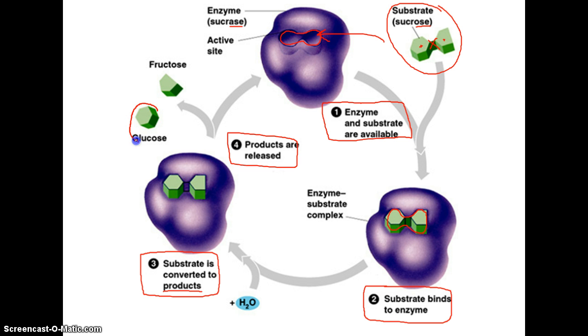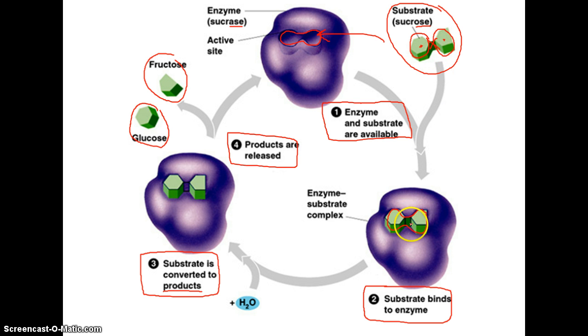Notice those products are released. So here is one part that's glucose. Here is another part that's fructose. Glucose and fructose are monosaccharides. They were just stuck together in sucrose to make a disaccharide. Okay? So initially, here was your glucose, and here was your fructose, but they were chemically bonded together.